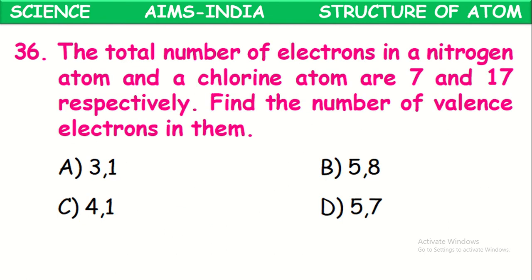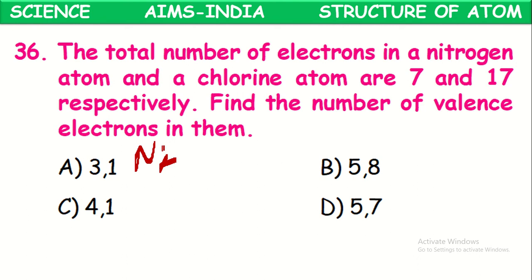Next, the total number of electrons in a nitrogen atom and a chlorine atom are 7 and 17 respectively. Find the number of valence electrons in them. Let us write the configuration first so we can understand.